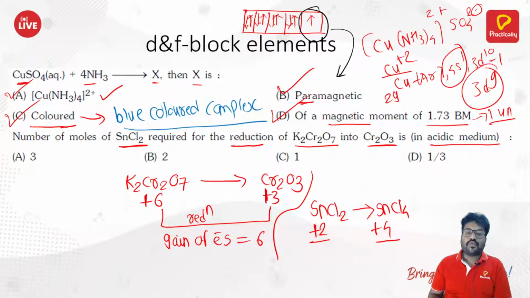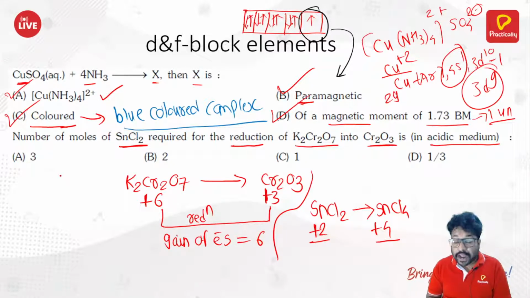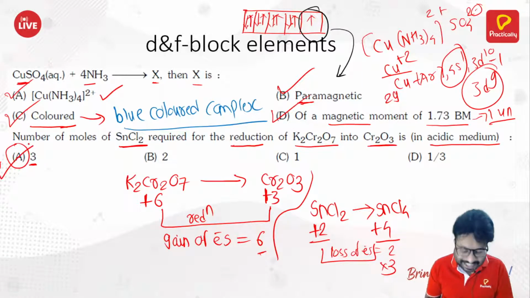That means for 1 mole of K2Cr2O7 you require 3 moles of SnCl2. You can see here, the loss of electron is 2, this is 6, so you need to multiply this by 3. That is why number of moles of SnCl2 is 3. Okay, so moving ahead.